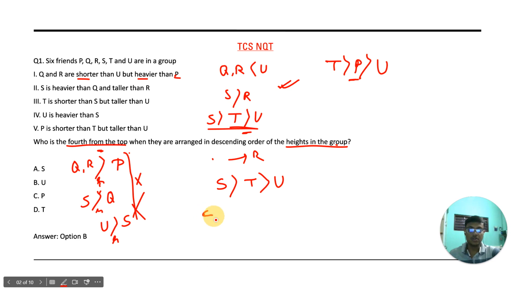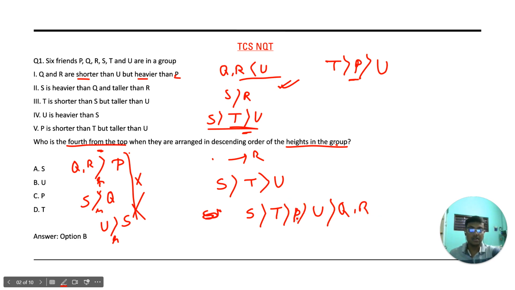So first we have S, then T, next comes P, then we have U. Also, it has been said that Q and R are shorter than U. Thus, Q and R are somewhere to the right of U. Done.